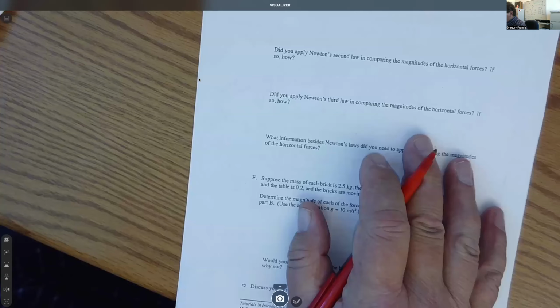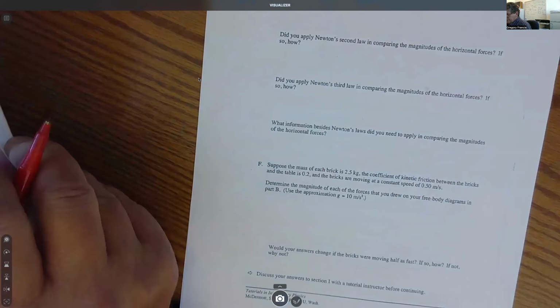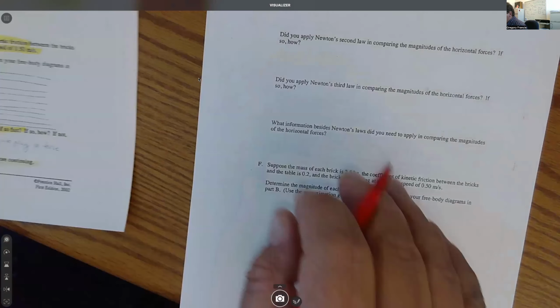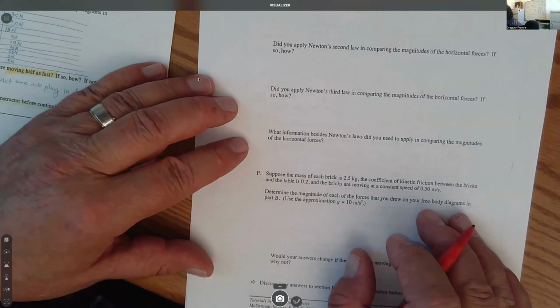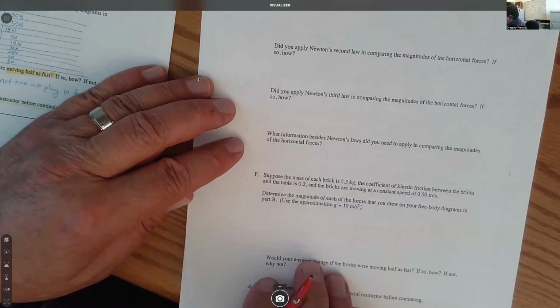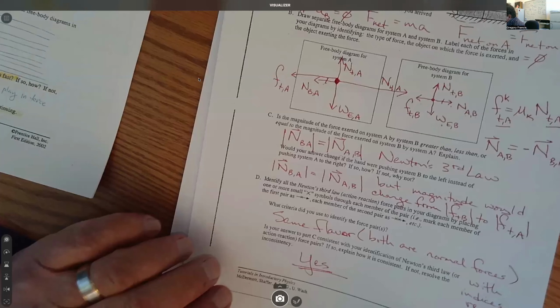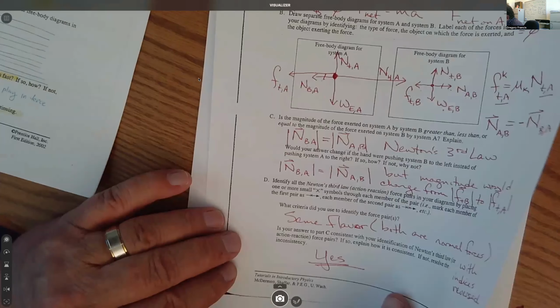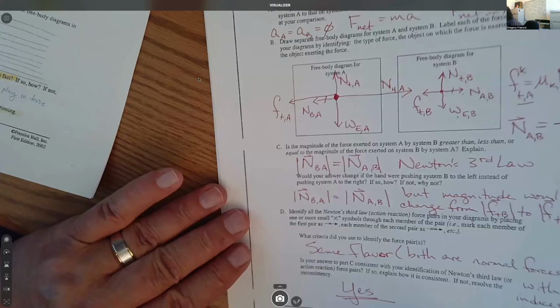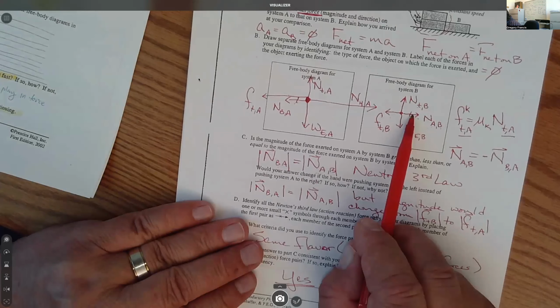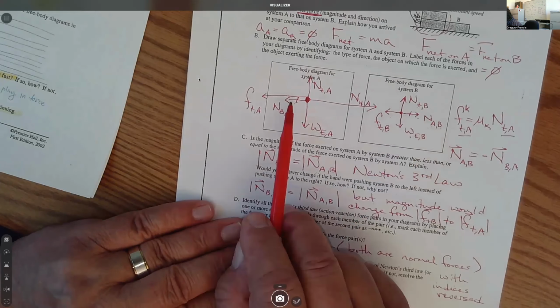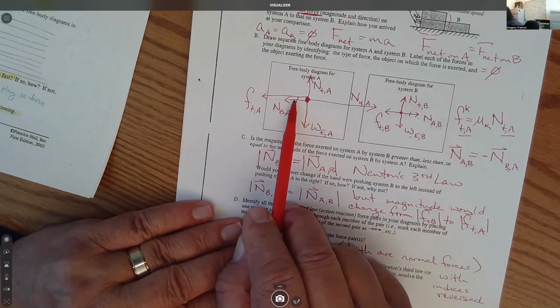So now if we go to the next page, we know that we have to rank these forces, and it's just the horizontal forces that we're asked to rank. So we know that these two are equal by Newton's second law. We know that this is equal to that by Newton's third law.